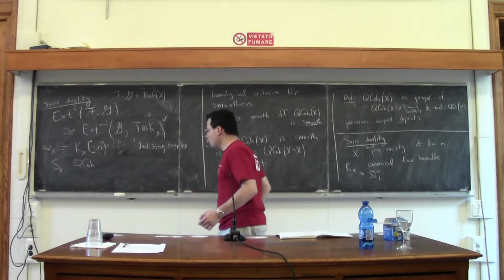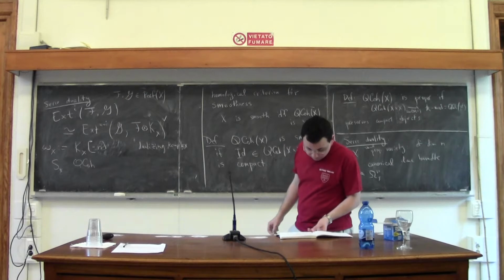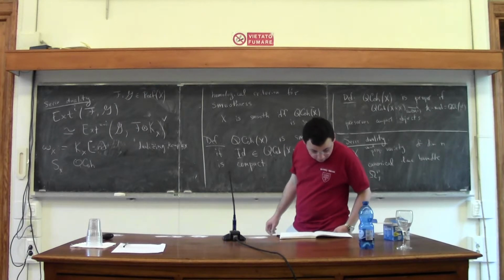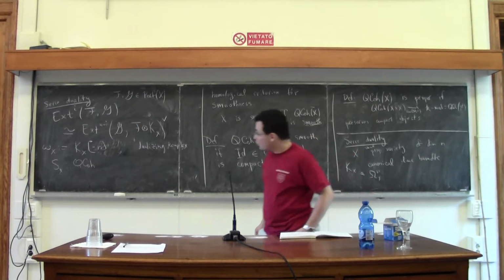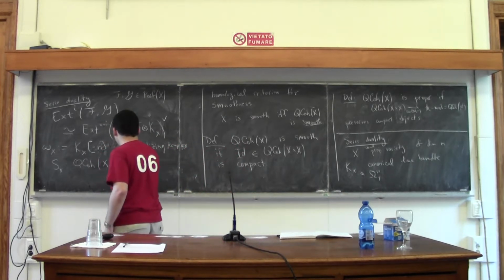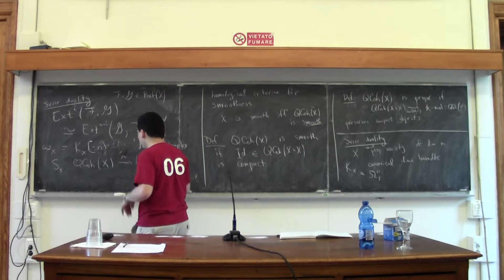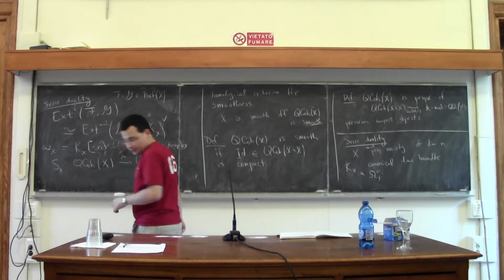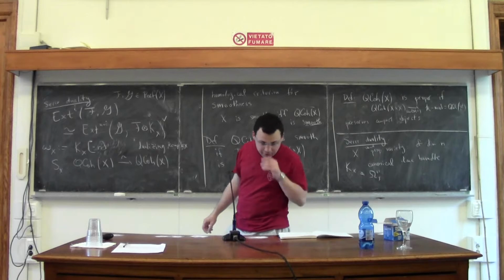Otherwise, you run into problems with duals very quickly. Double duals, isomorphism. So there's a self-equivalence between quasi-coherent sheaves, which is given by tensoring with omega.